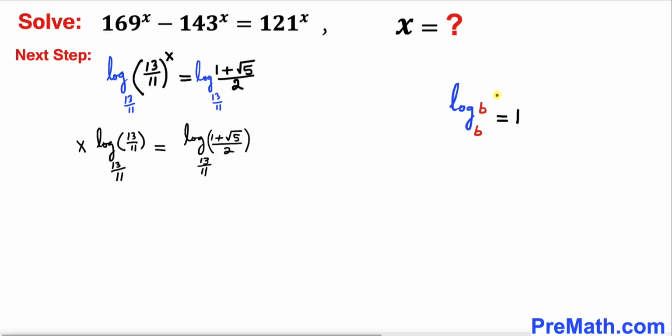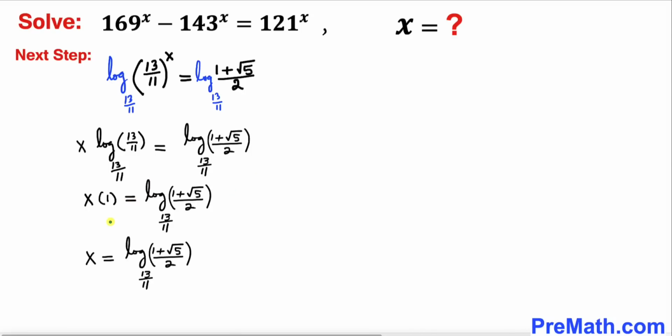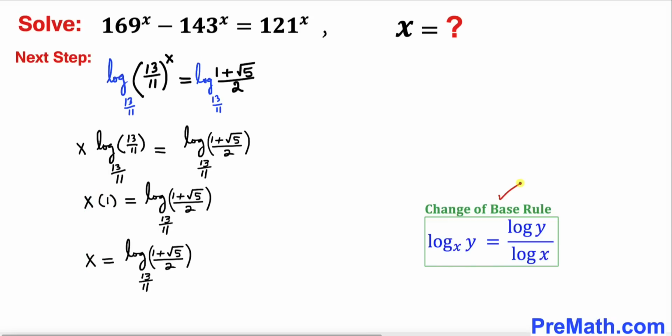And now let's recall this basic rule. When we have this argument and base the same, then this whole thing is equal to 1. So therefore the left hand side is going to become x times 1, equals, once again the same thing on the right hand side. Now in this next step, x times 1 is the same as x. And now let's recall this change of base rule we are going to apply on the right hand side of this equation.